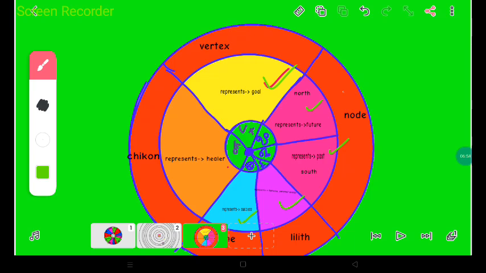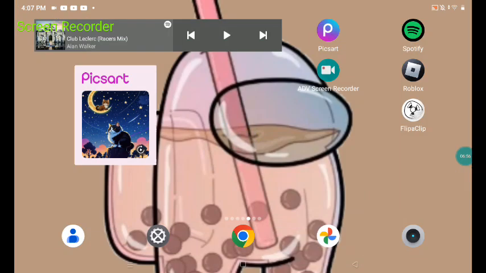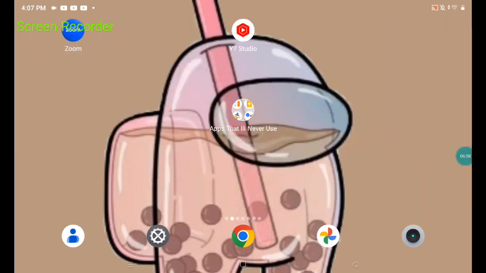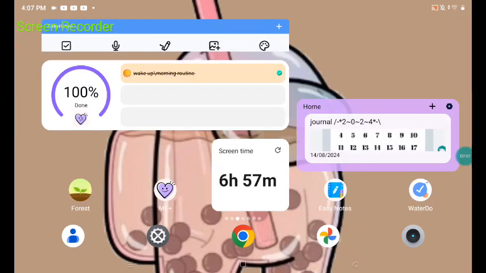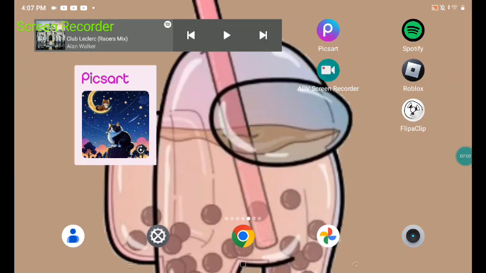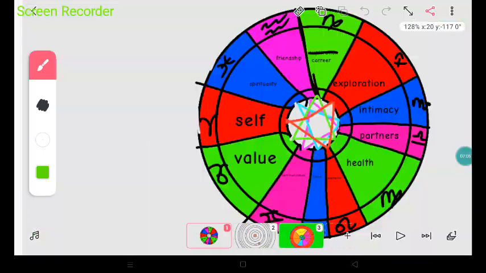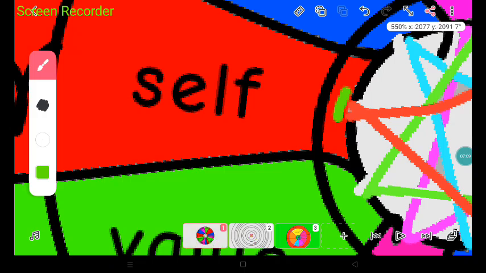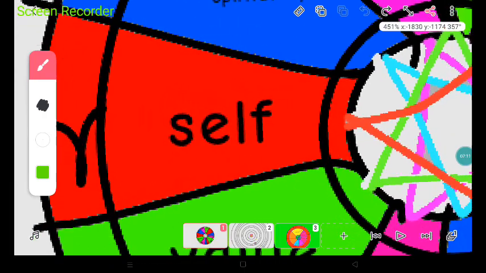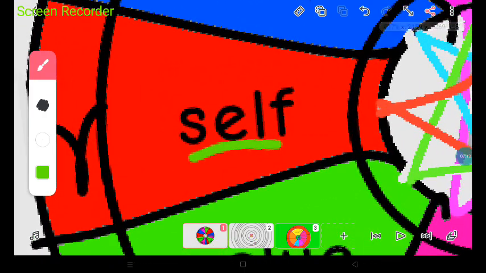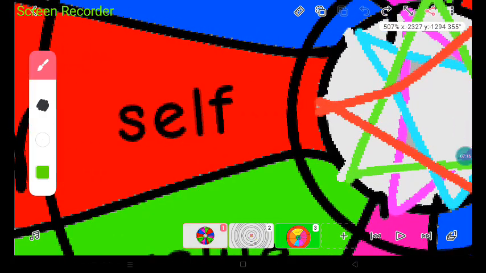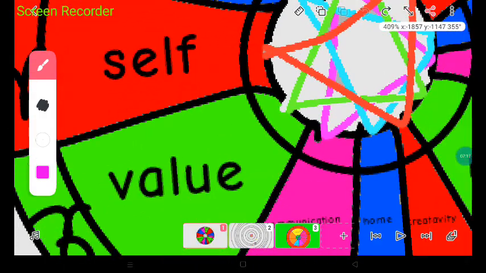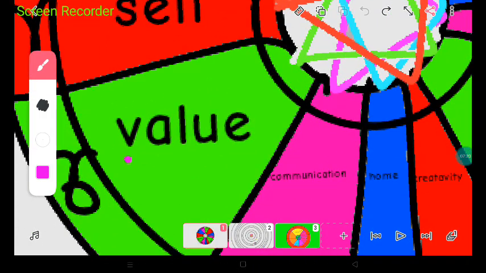So Chiron heals the parts of your chart. Chiron heals the parts of your life. For example, if your Chiron is in your first house of self, then it means that Chiron is healing you. But if Chiron is in your second house of value, then it means that Chiron is healing your value.